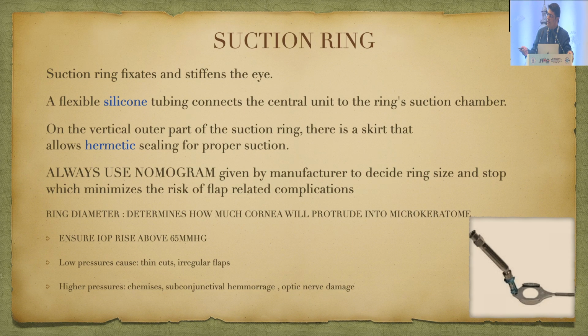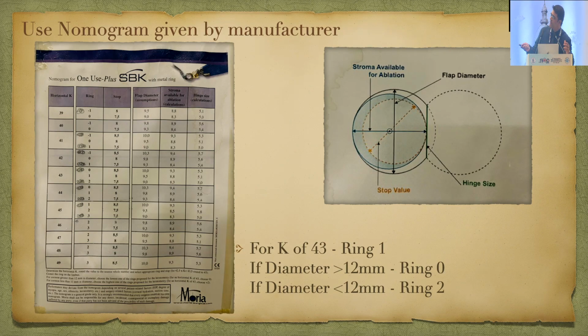The sizing and the stop of the suction ring depend on the horizontal keratometry of the eye, and we should always strictly use the nomogram given by the manufacturer. This is the nomogram. I use the Moria SBK microkeratome. As an example, if you have a horizontal keratometry of 43, we have to use ring size 1, and the stop is decided depending on whatever is given, 7.5.